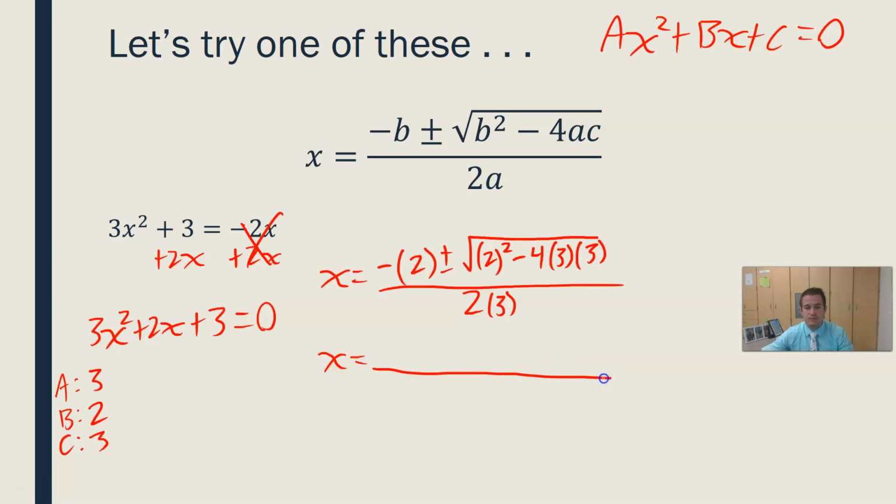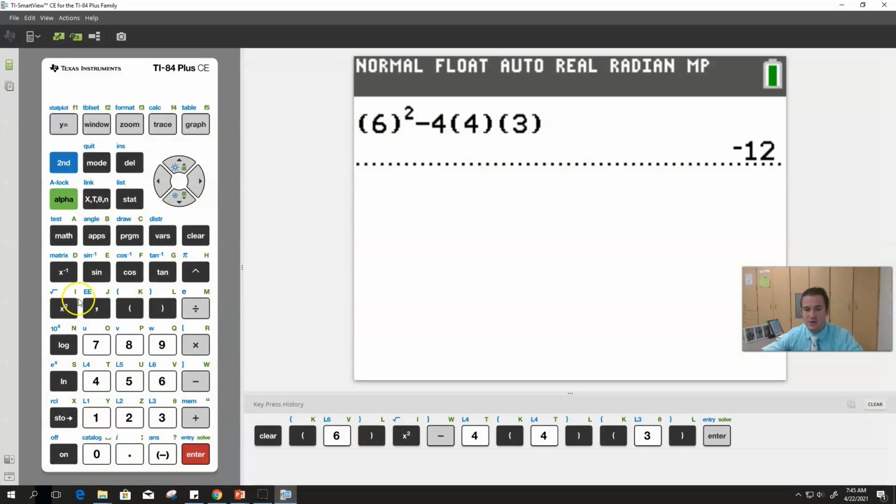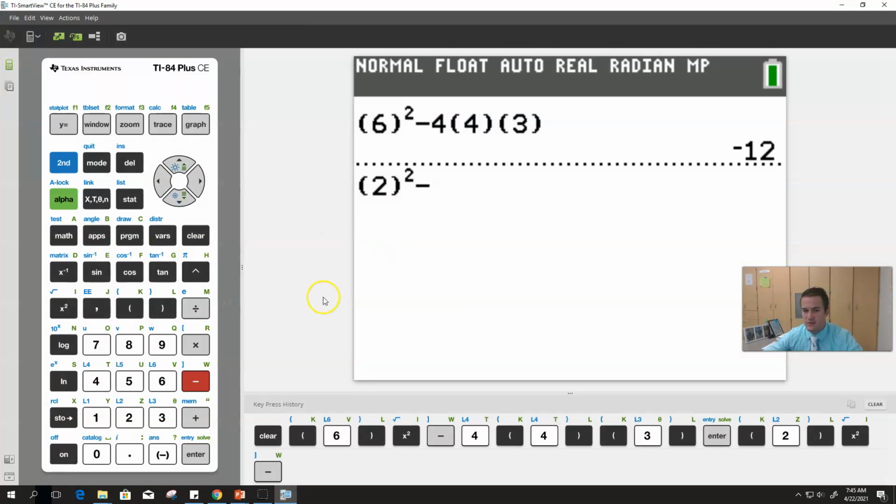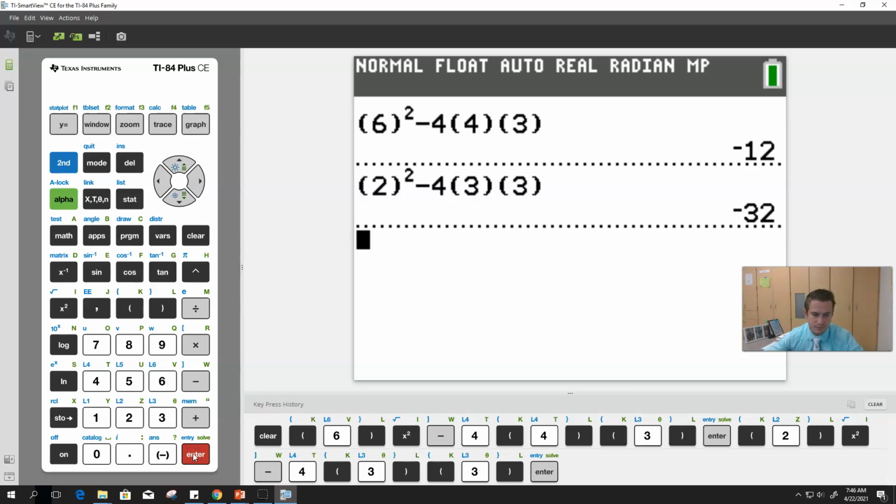So I'm going to type just what's underneath the square root into my calculator: parentheses 2 squared, minus 4 times 3 times 3, all in parentheses. That gives me negative 32.